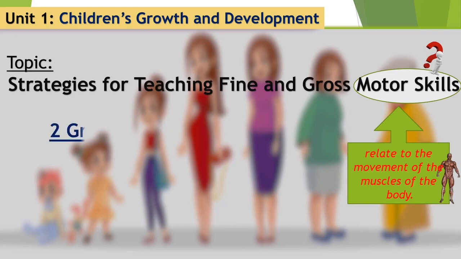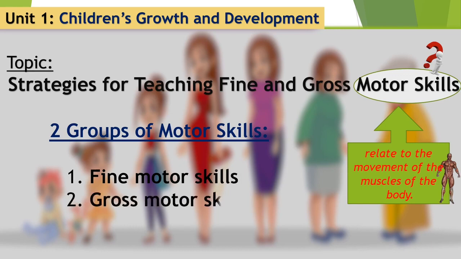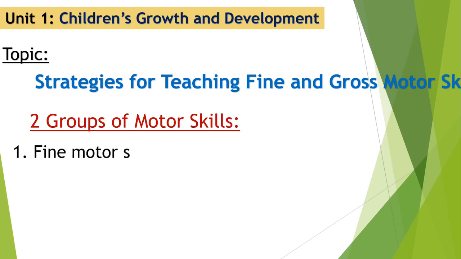There are two groups of motor skills. The first one is fine motor skills. Number 2, gross motor skills. Fine motor skills are smaller actions of the body.